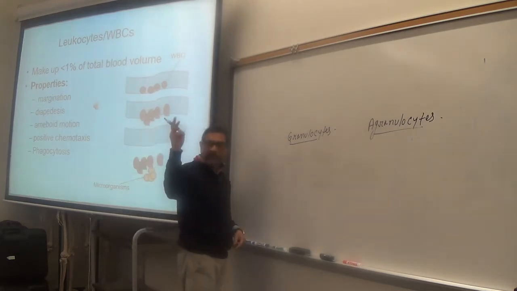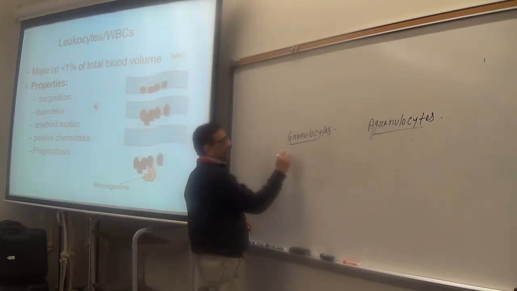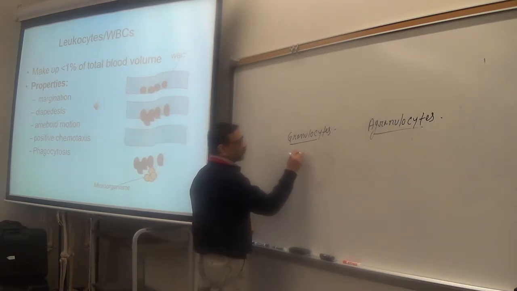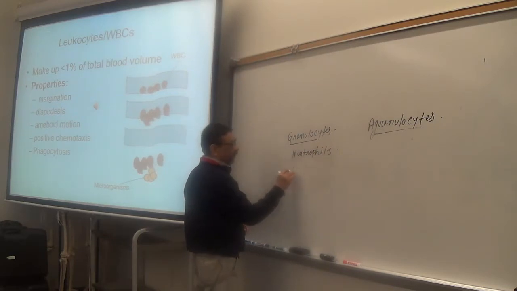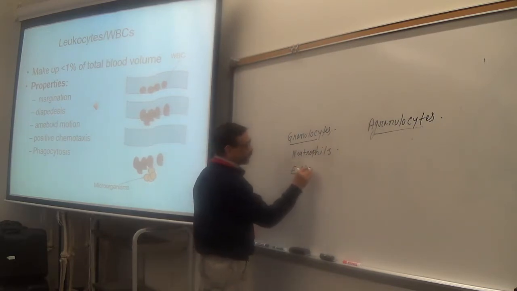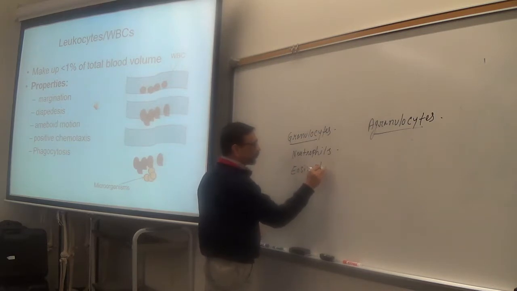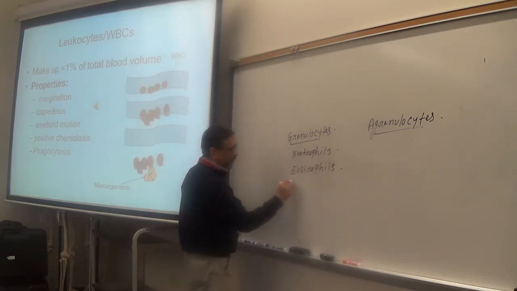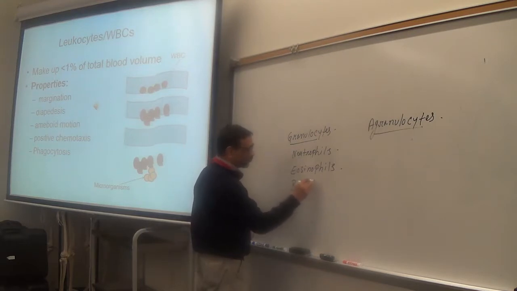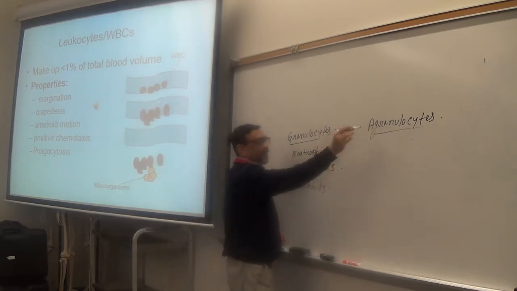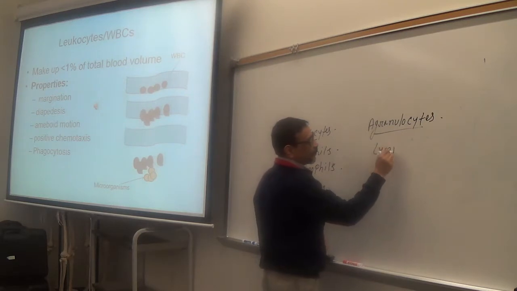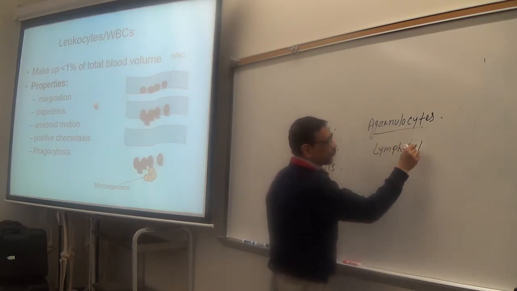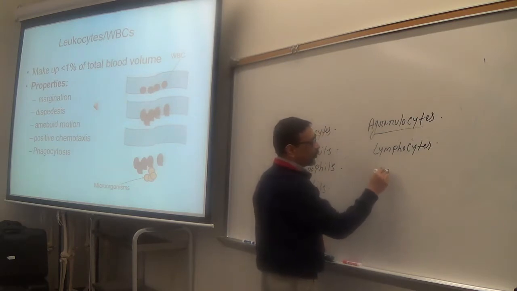Granulocytes include three types of white blood cells: neutrophils, eosinophils, and basophils. And two types of white blood cells belong to agranulocytes: lymphocytes and monocytes.